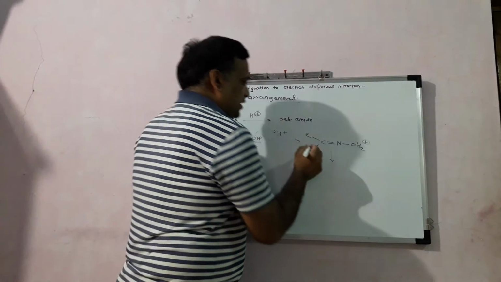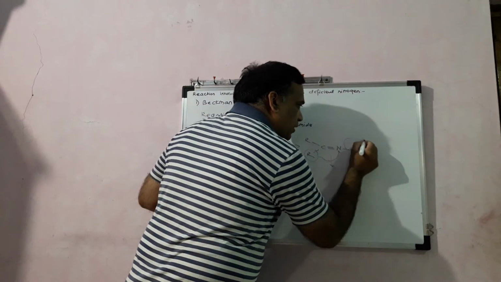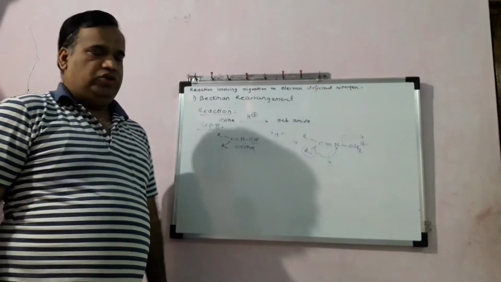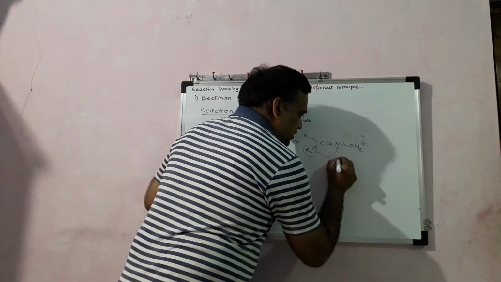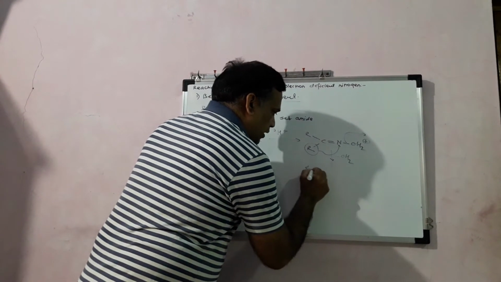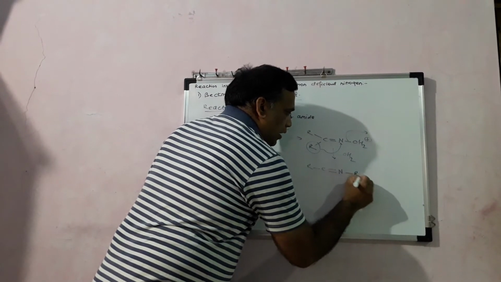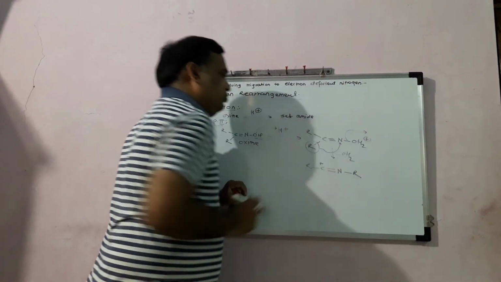So in that sense, that R group will migrate here and there is elimination of OH2 plus. So minus OH2, what happens? We get R, C, double bond N, R, and the positive charge will be here.